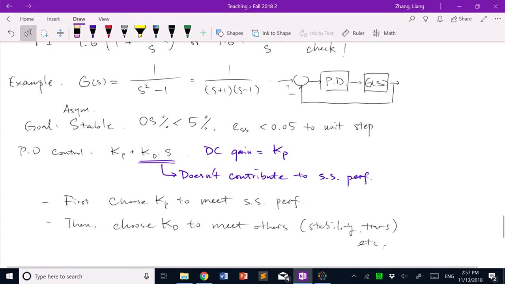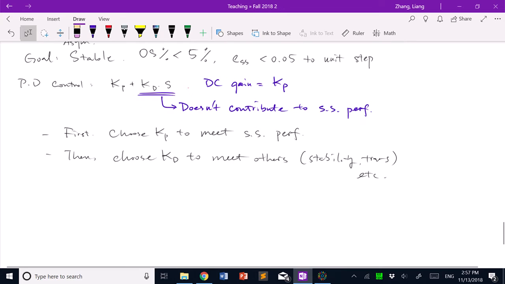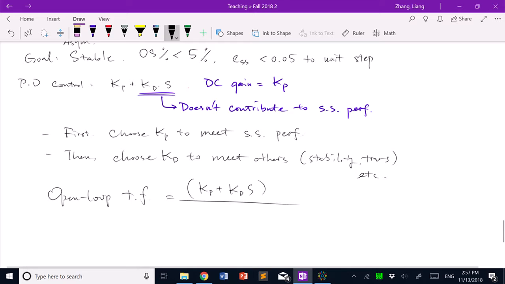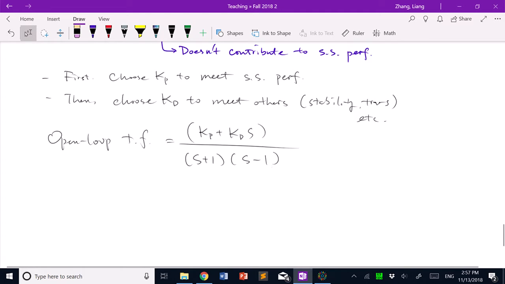Now for steady state performance, the open loop transfer function will be equal to Kp plus Kds divided by S plus 1, S minus 1. Let's assume eventually the closed loop system will be stable such that I can calculate the steady state tracking error.